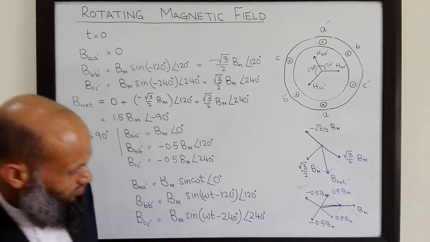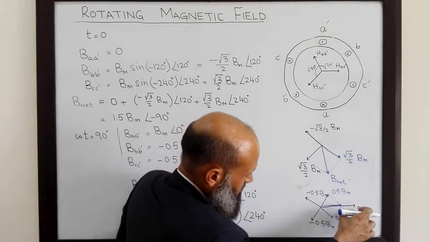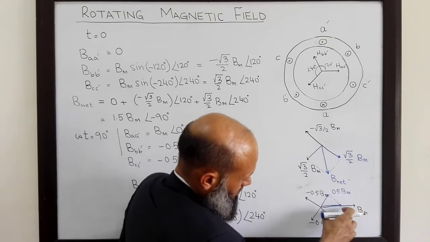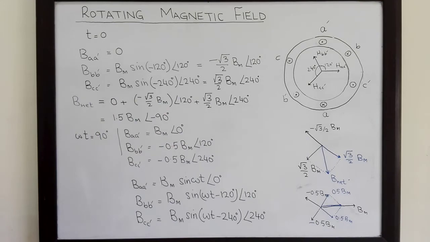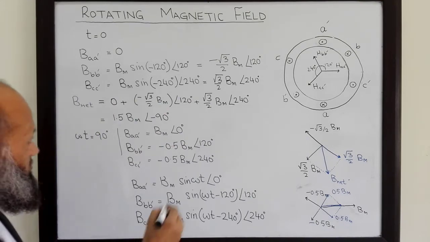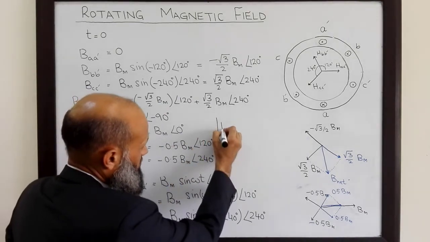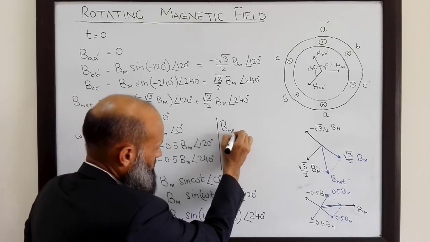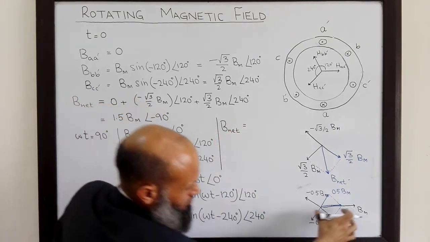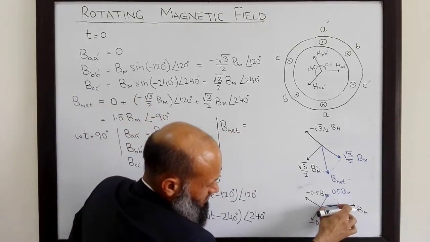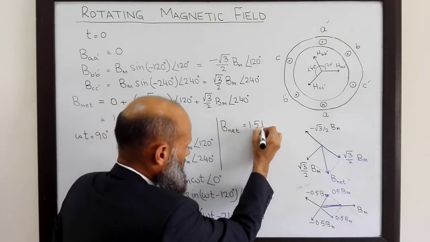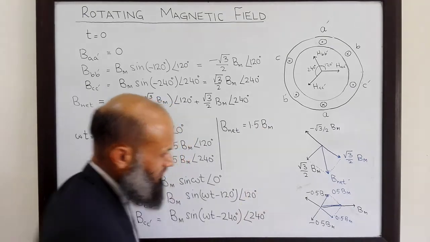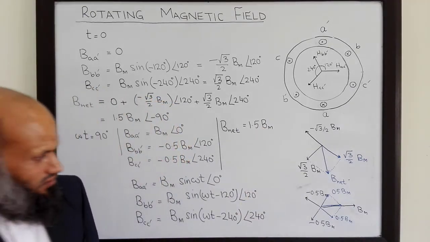Now this vector is parallel to this vector, so their vector sum is just the addition of the two. So at this time instant, B net comes out to be equal to Bm plus 0.5 Bm, that is 1.5 Bm. What is the angle of the resultant vector?